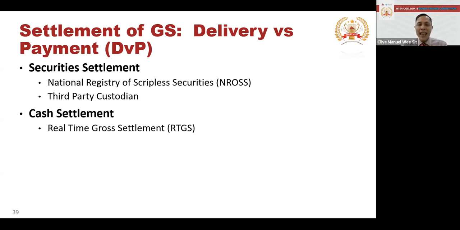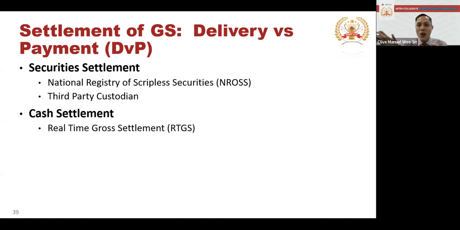Okay, so what happens there is, if I'm a bank and, let me give an example, BPI buys a government security from, for example, BDO. I will have to make sure that I have enough cash in my DDA that I keep with the central bank, and then I instruct my operations team to wire that money from my DDA, which is in the central bank, to the DDA of BDO, which is also with the central bank.